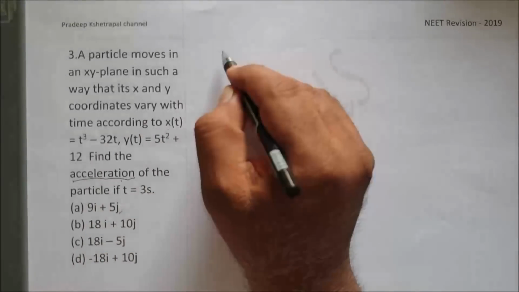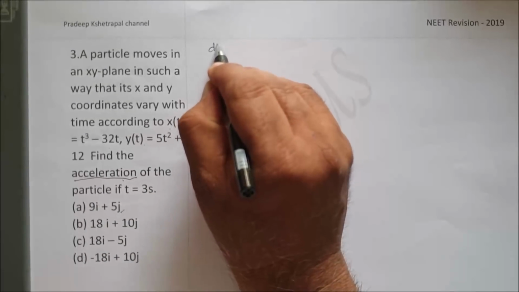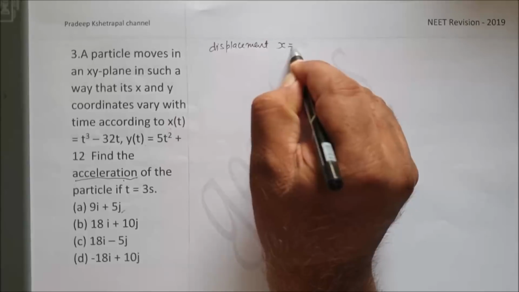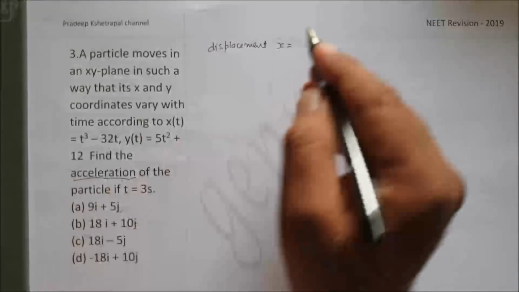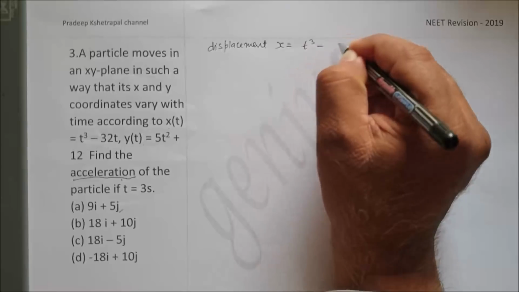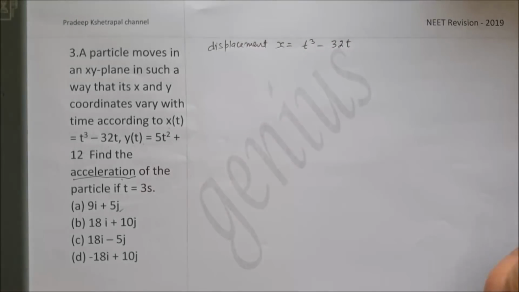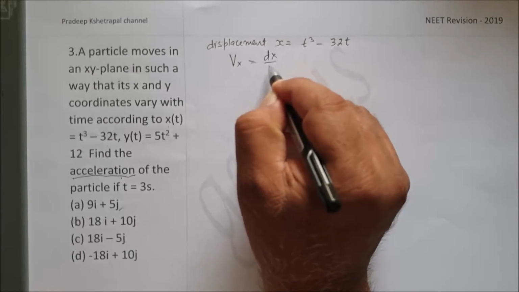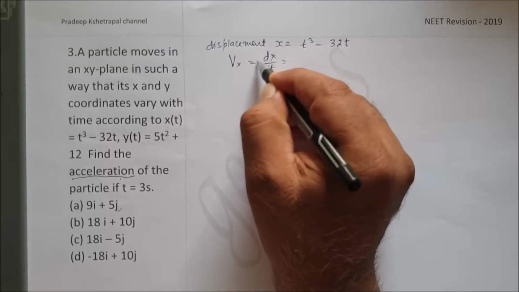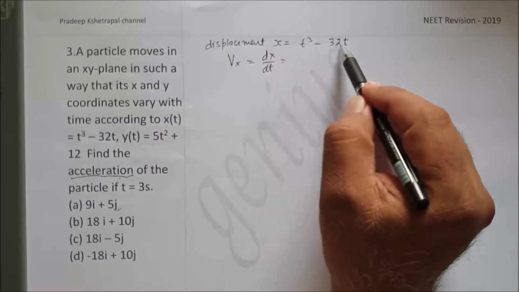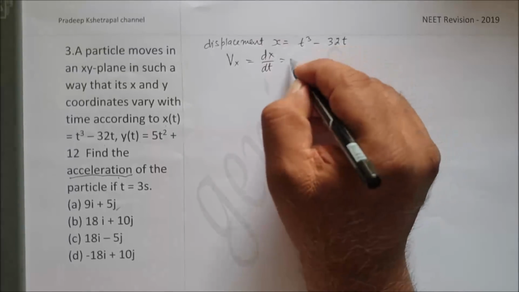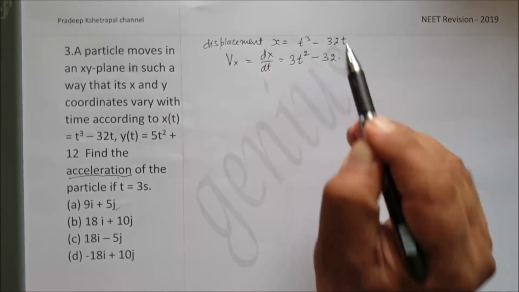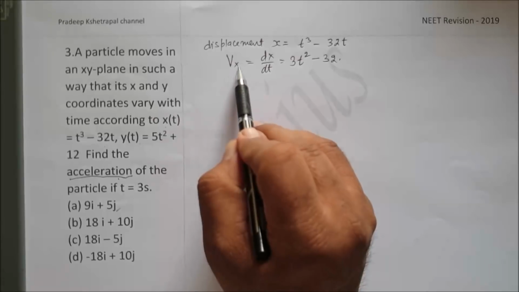In x direction, the displacement x is equal to t cube minus 32t. Then what will be the velocity in x direction? That is, we know dx by dt. With reference to t, it is to be differentiated. So we differentiate this with reference to t. So this becomes 3t square minus 32. Okay, this is velocity in x direction.